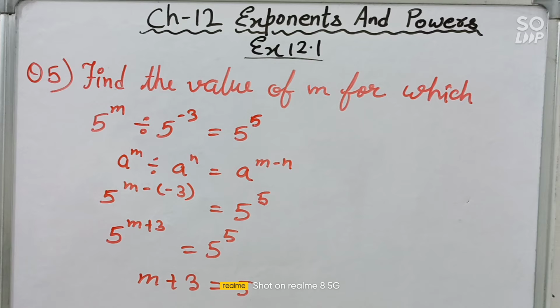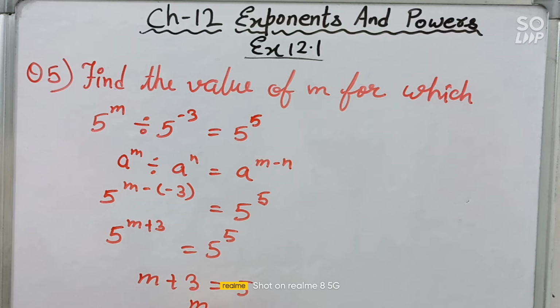Because if we have same bases on either side of equal to, that means their exponents are equal. So that is why we can see 5 is here and 5 is here in LHS and RHS. Both are same and exponents are somewhat different. So that means if bases are same, these exponents are also equal. So we can find out the value of m from here.